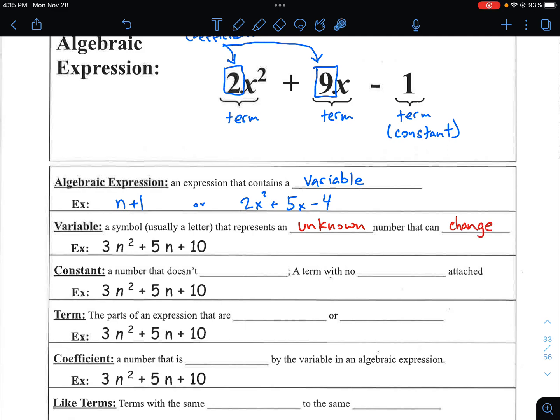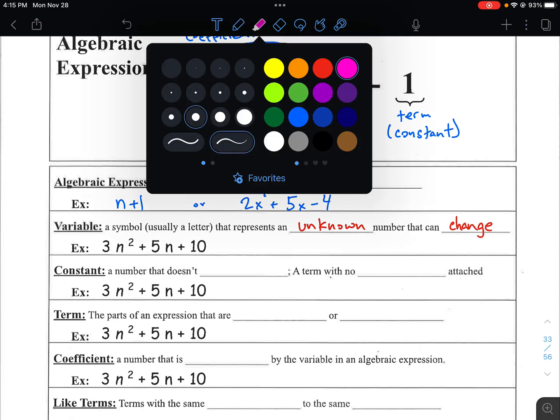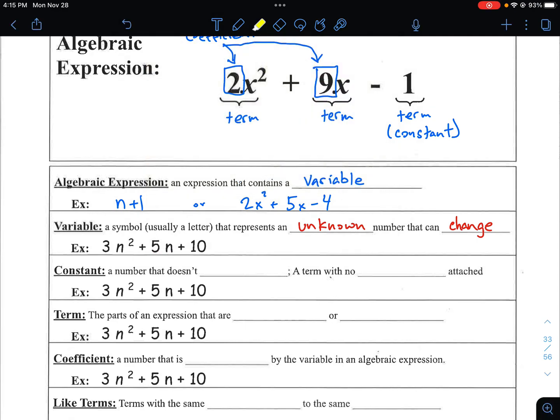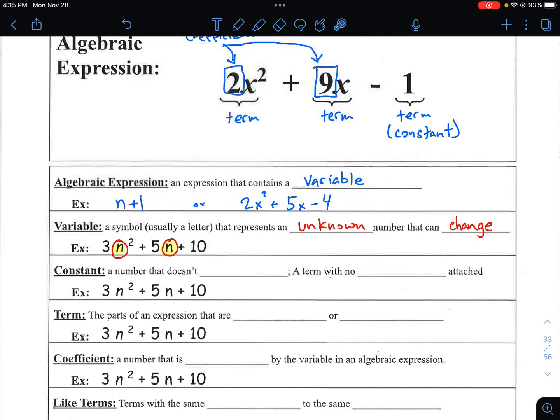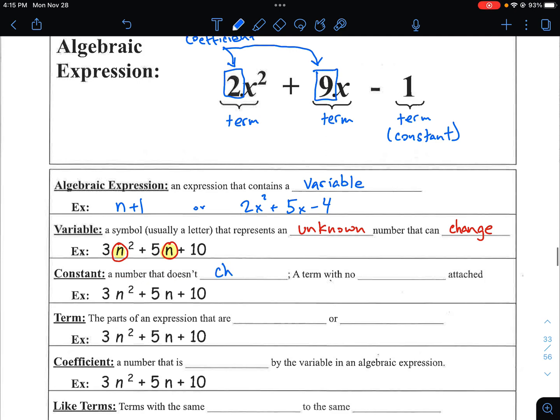So in the example below, 3n squared plus 5n plus 10, what's the variable? Well, it's just the n. So if you have a highlighter, you can highlight that, or you can just circle it. All right, what is a constant? A constant is a number that doesn't change.